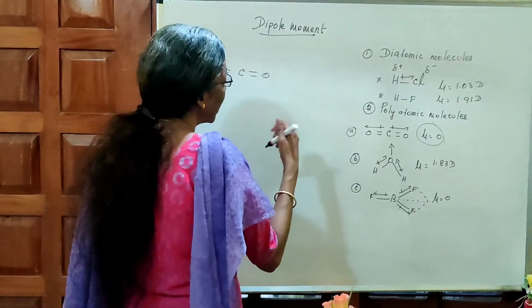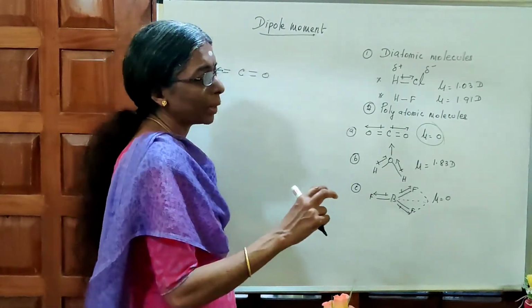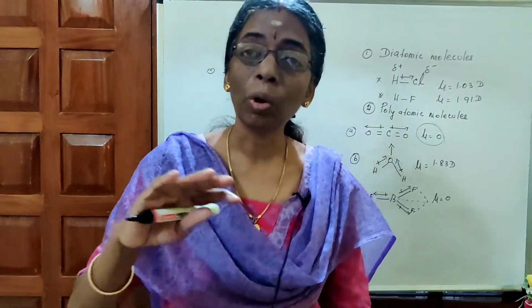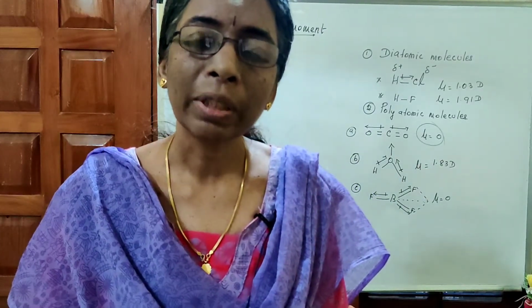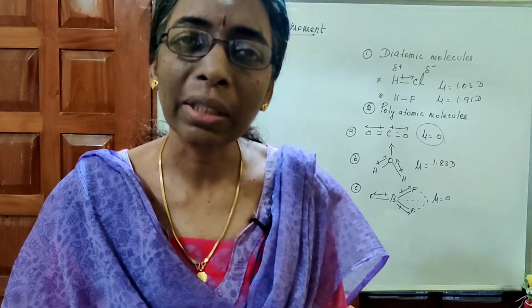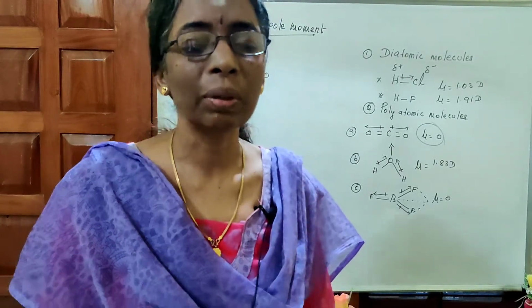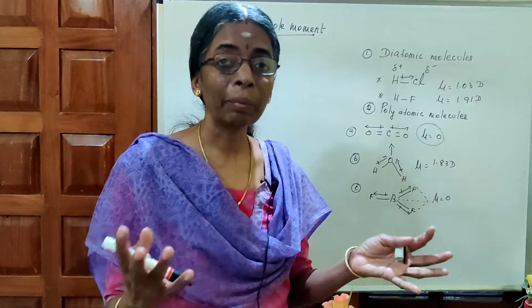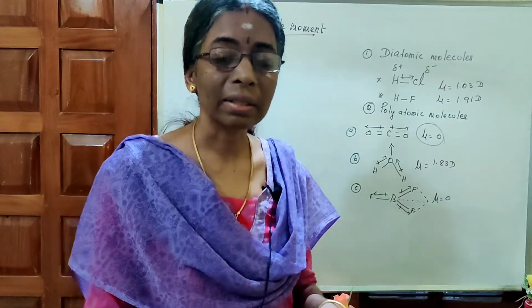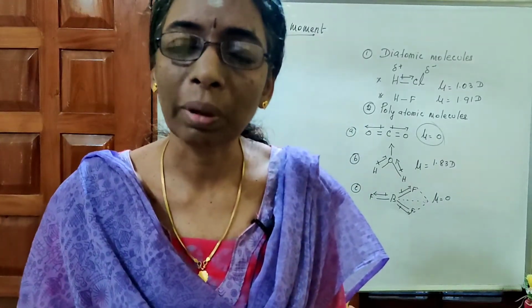In a polyatomic molecule there may be 2 or 3 polar bonds. When the electronegativity difference between two atoms is different, we call the bond polar. Each bond may be polar, but as a result the dipole moment of the molecule may be 0.